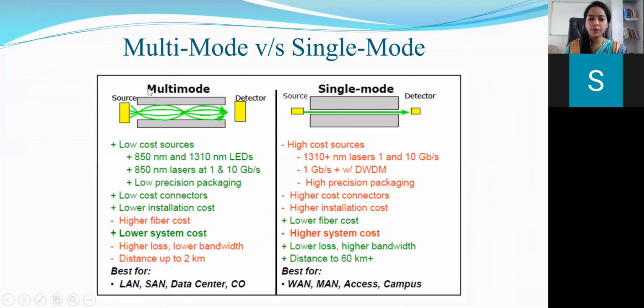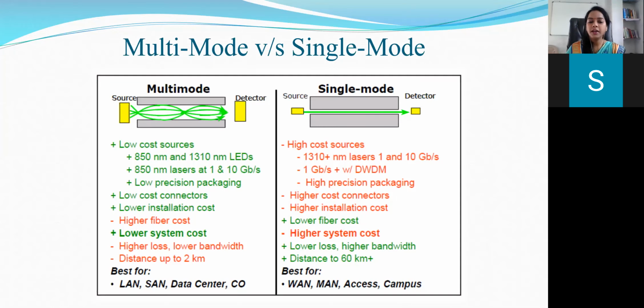Packaging means that if you don't have a laser, you just have light coming from all directions, so we don't have to bother much about the packaging. Then it has low cost connectors also, and lower installation cost. Obviously, lasers are a bit costly, and we are just using LEDs, which don't cost you more.